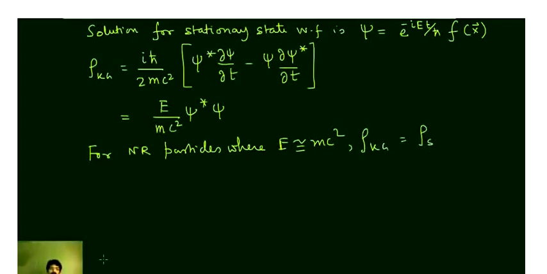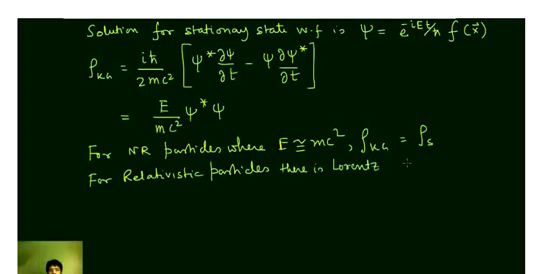Okay, now for relativistic particles, you have a Lorentz contraction of volume by the factor E by m c square.